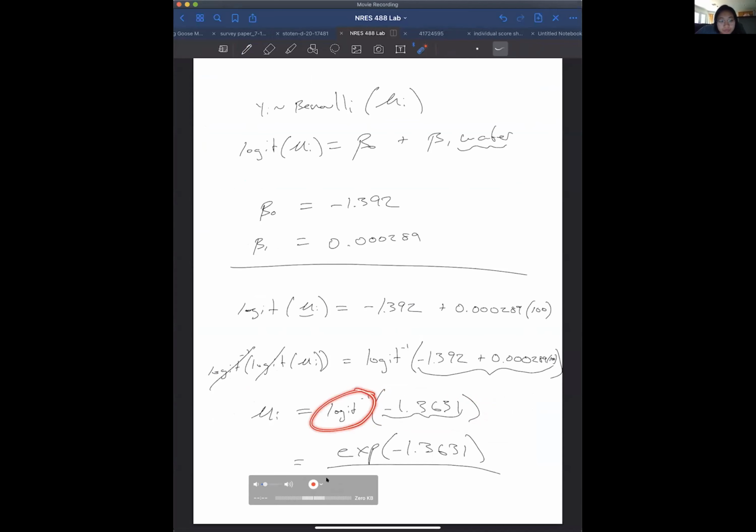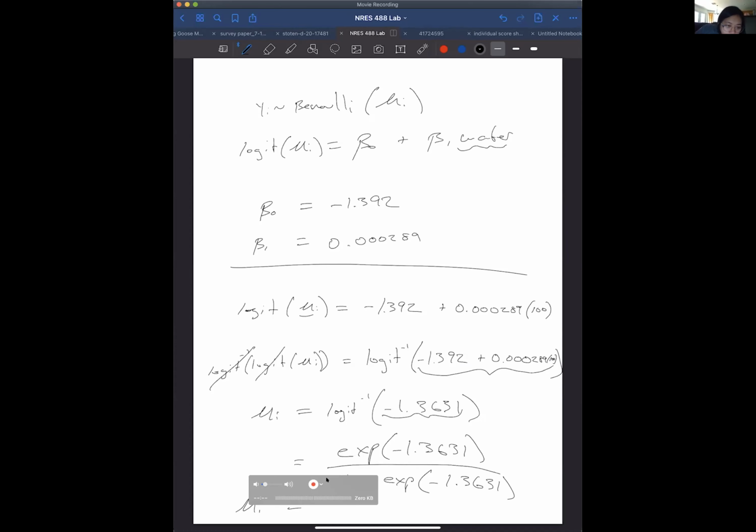This function actually means the exponent of something, whatever's in this parenthesis, the exponent of this divided by 1 plus the exponent of that. So we can write that out. The exponent of negative 1.3631 divided by 1 plus the exponent of negative 1.3631. And that's going to give you your solution. That'll give you mu, and that's what we're trying to get.